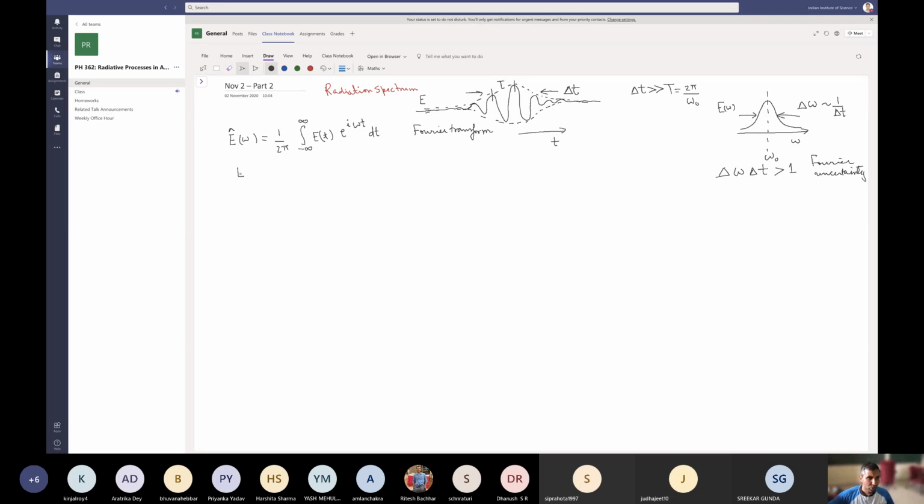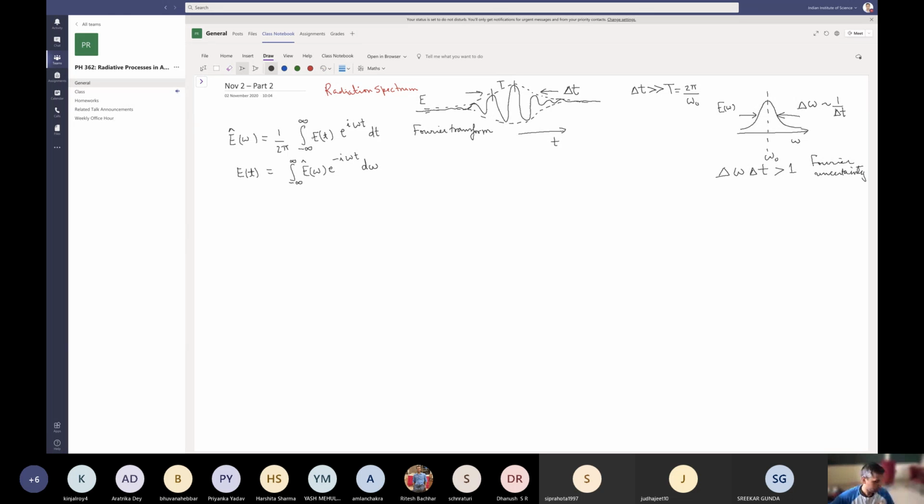Now, usually you have the inverse relationship as well, which is given by this, integral of E hat omega e to the minus I omega t d omega.